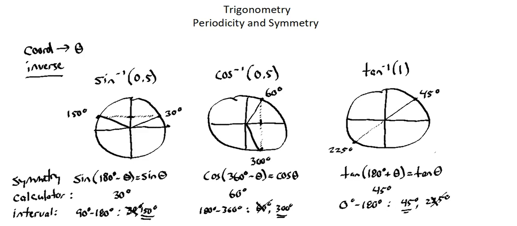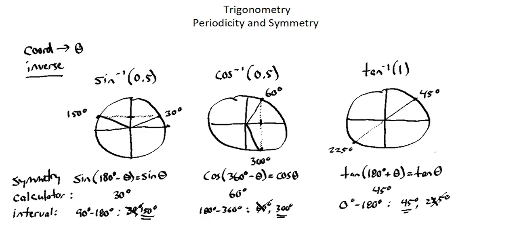In the case of the sine example, the interval 90 to 180 allows for only one of 30 and 150 degrees. If the interval had been 0 to 360 degrees, then I would include both 30 degrees and 150 degrees.